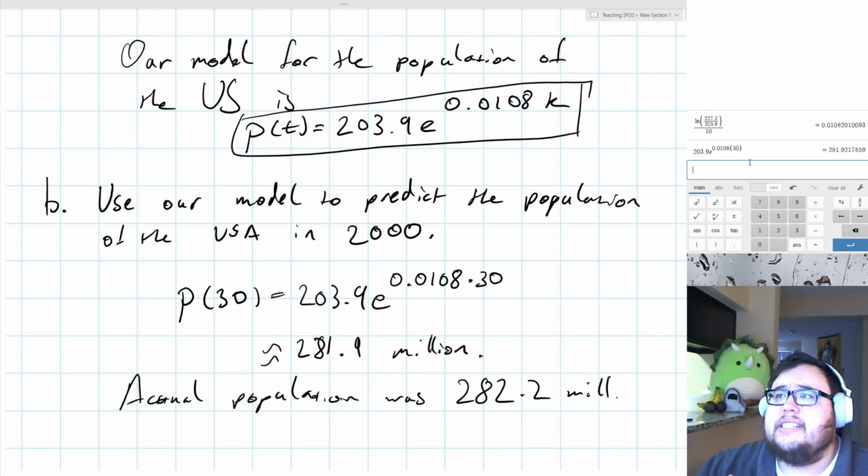The United States doesn't really have a ton of limiting factors on its growth right now. It's a very, very large country. There's a lot of natural resources. There's nothing that's sort of cramping us and causing us to have some sort of population cap or anything that's sort of limiting the growth of the United States right now. It's a relatively quickly growing population, or at least a relatively exponentially growing population, I should say.